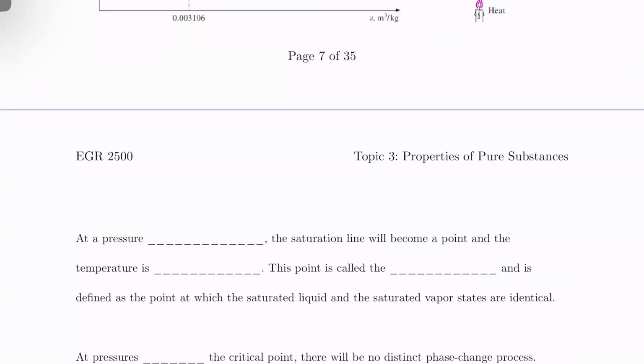So for water, at P critical, which is 22.06 megapascals, the saturation line will become a point and the temperature is T critical, which is 373.95 degrees C. Again, this is for water.